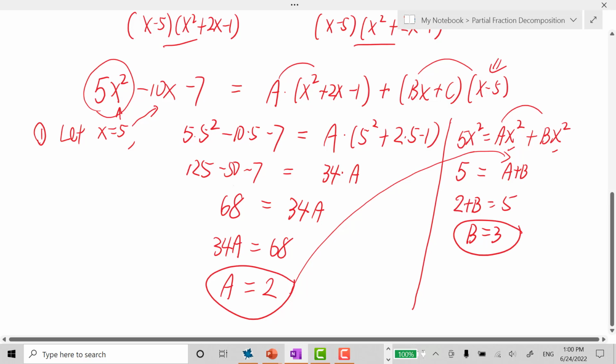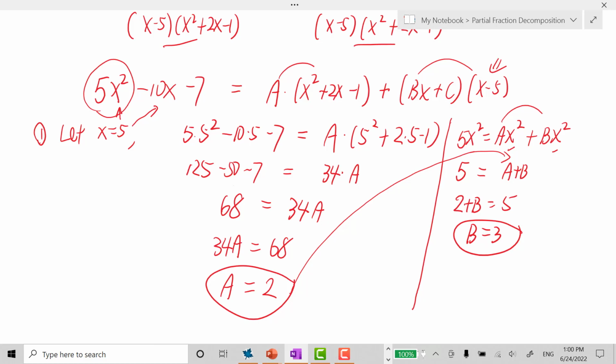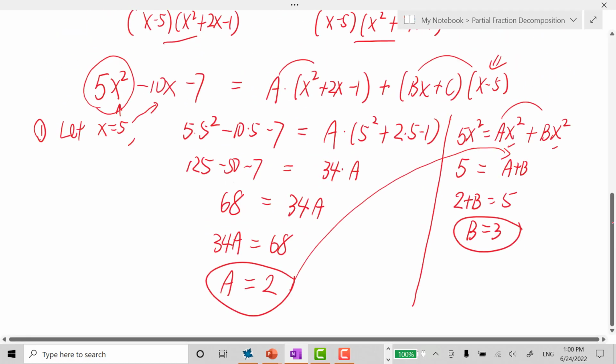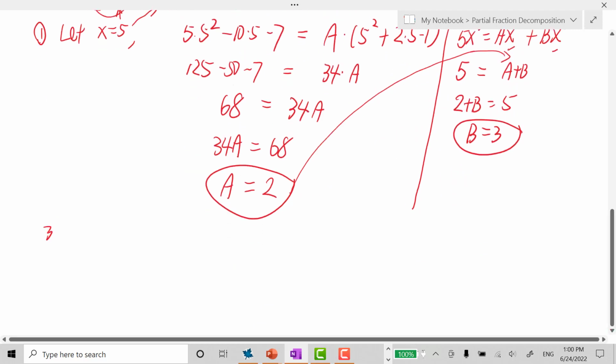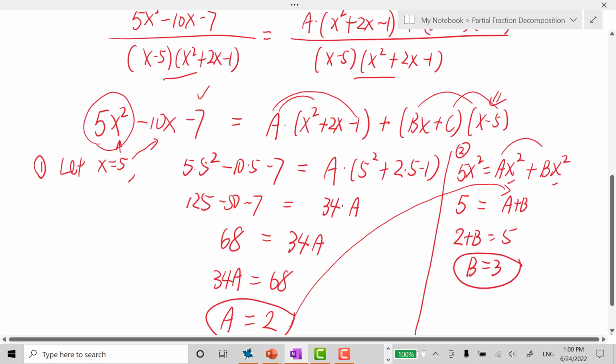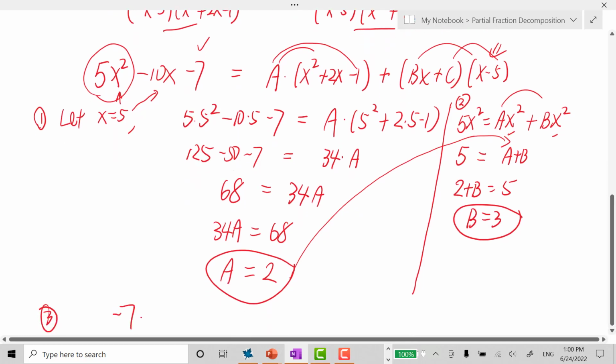Once we know b, we can also find c, because if you extract the constant term, the constant term comes from two parts on the right. Step 3, the constant term on the left is minus 7. On the right it must be from a times minus 1 and then c times minus 5. So minus 7 equals minus a minus 5c.